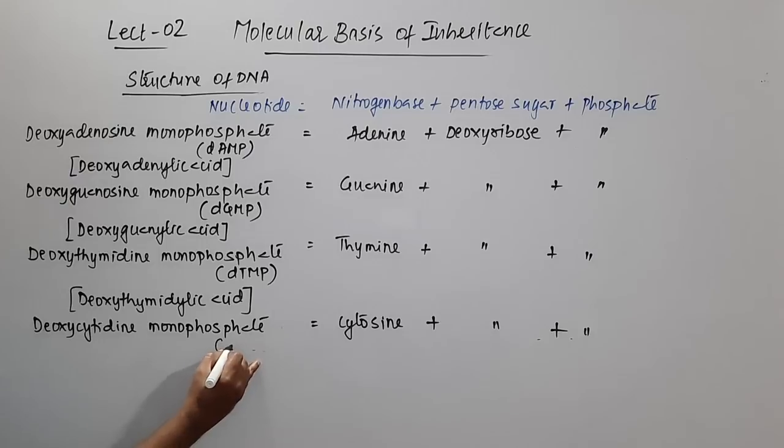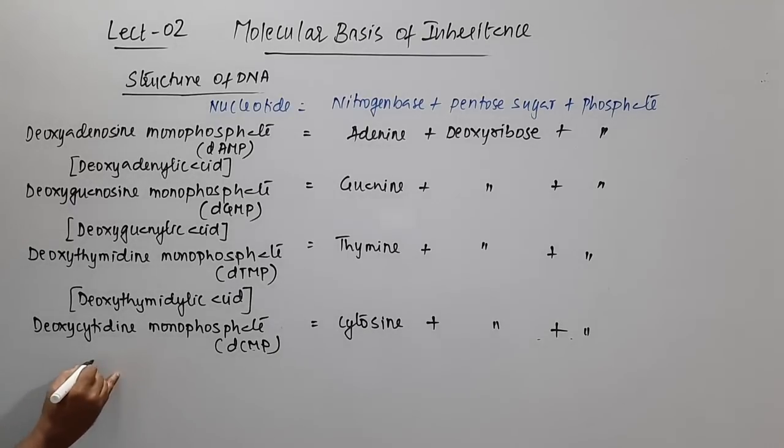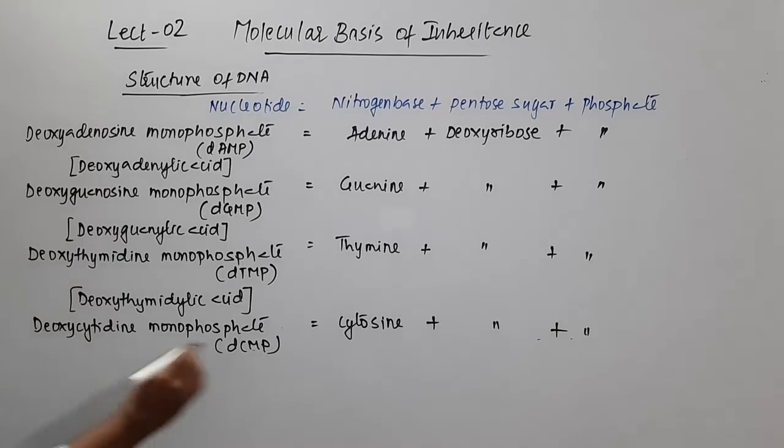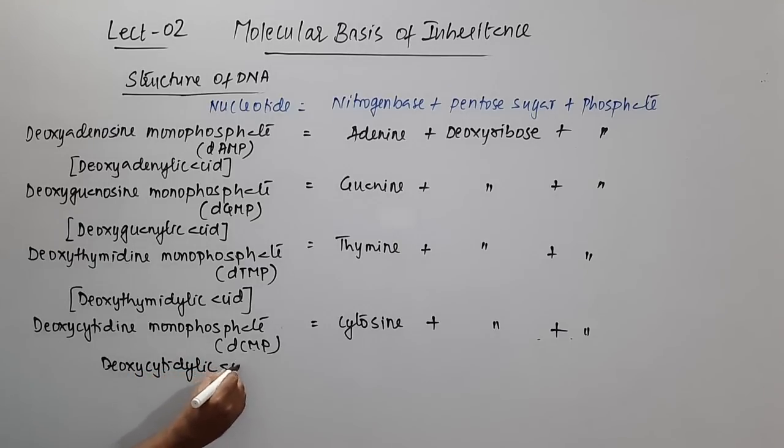In short, it's called DCMP, and otherwise we can also call it deoxycytidylic acid, right? So these are the four nucleotides that we see in the case of the DNA molecule.